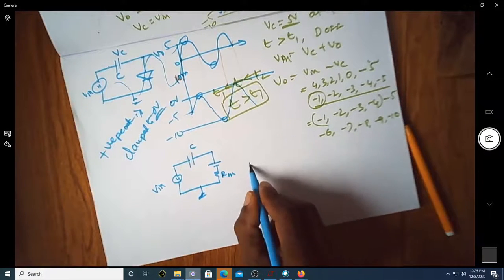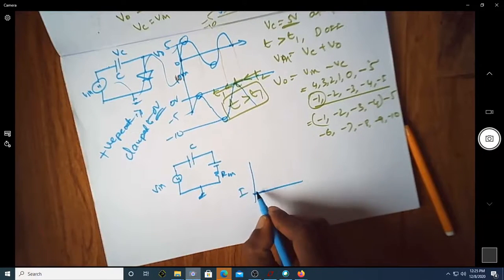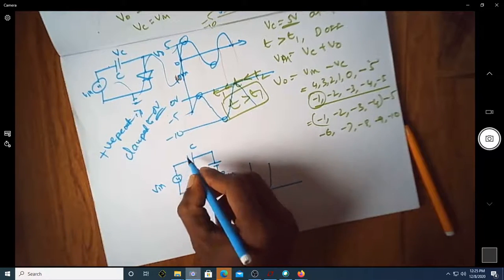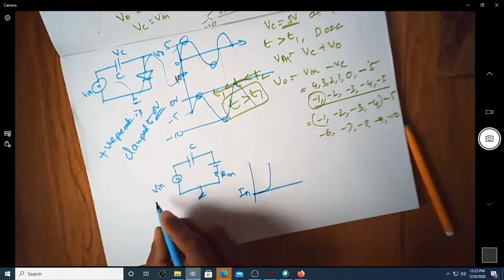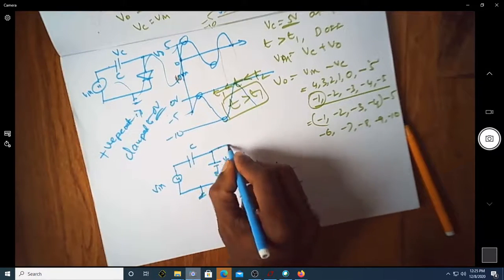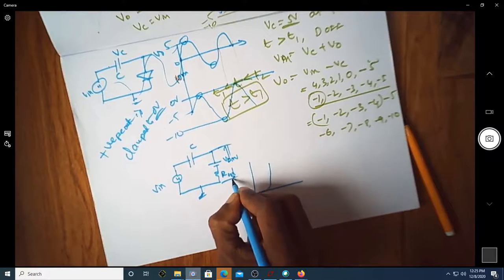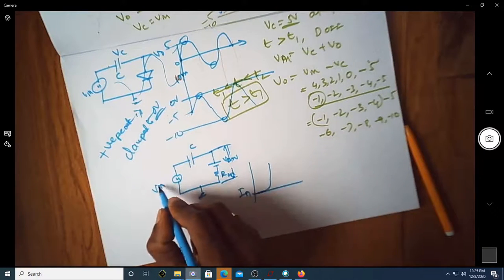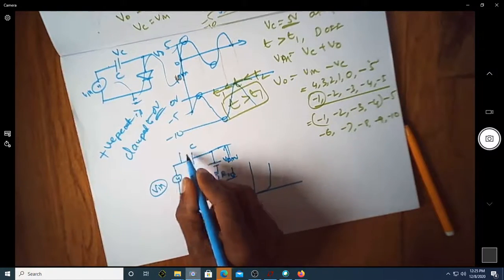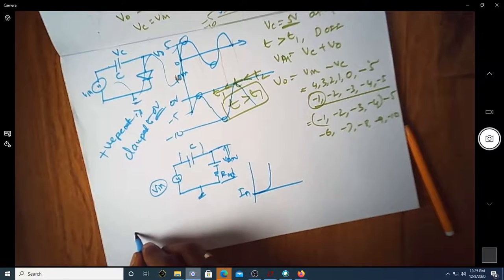Here the current ID has gone to its peak, and the input voltage also started increasing. You know that this is VD on, whatever voltage across the diode you have. When the voltage starts increasing, what is V out?